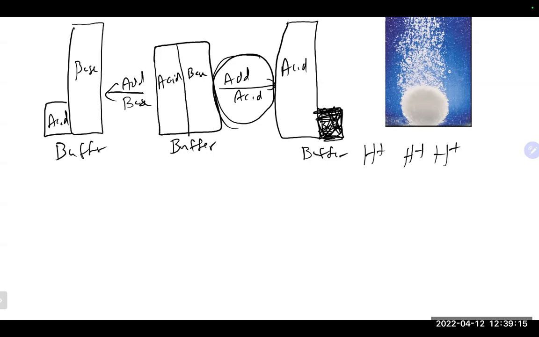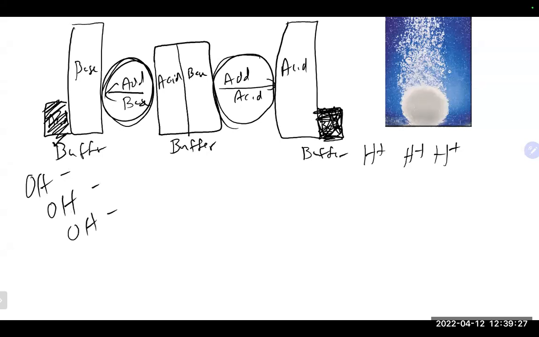Same thing would happen on the other end if you added just way too much base, right? At some point, you're going to eat up all of your acid part there. And at that point, you would just be dumping in a bunch of OH minus. And again, we should see the pH go up pretty high in that case because of that. So there is a limit to the buffer capacity. When you make a buffer, you want to think about what type of acid you're adding, the concentration of your buffer, and the concentration of the acid or base that you may be adding to it.